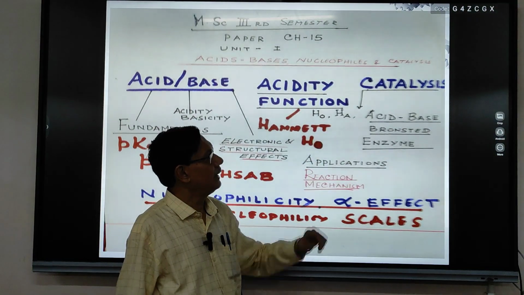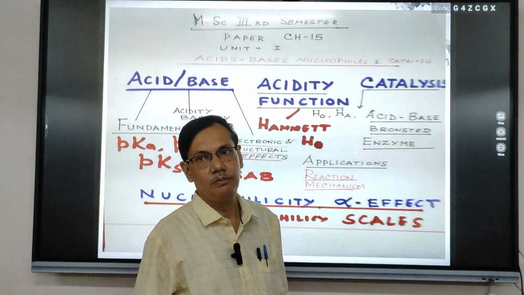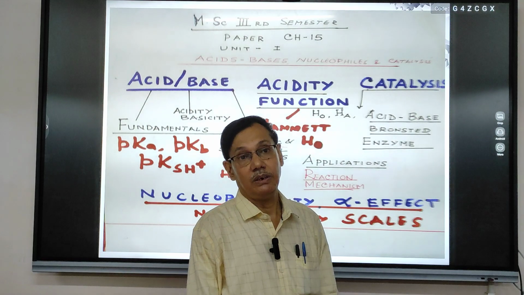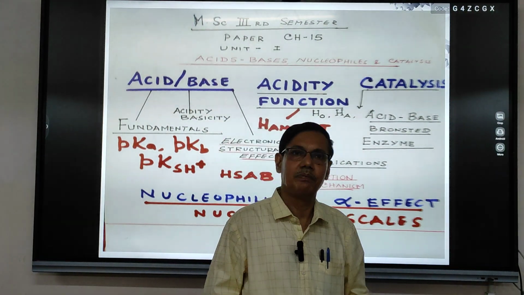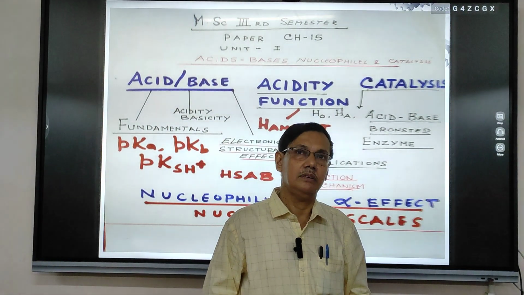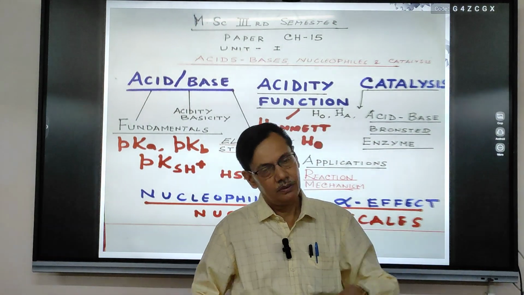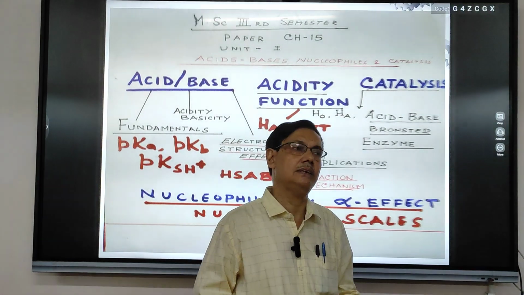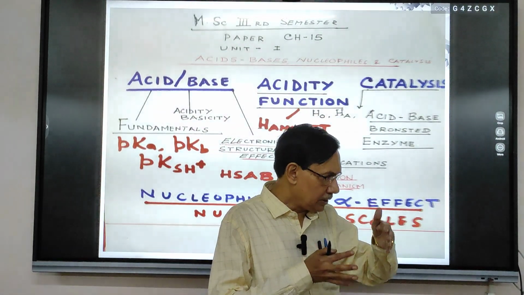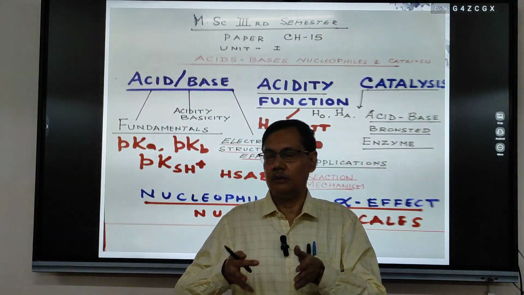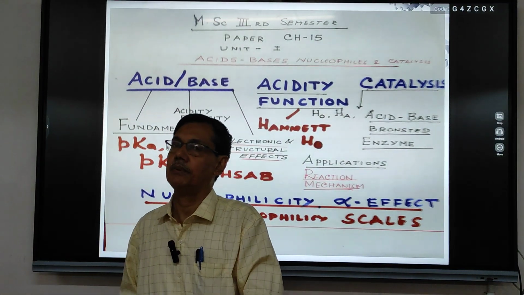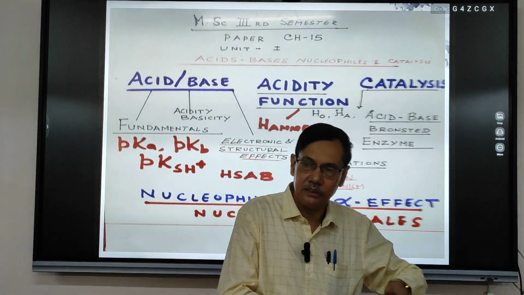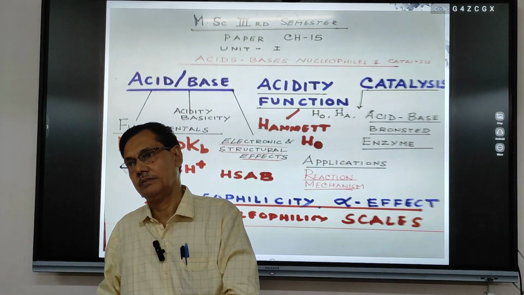And the third part, again it is a very old concept, because you all know the role of catalysis. But here in this course content, we will study the different types of acid-base catalysis. There are 2 types of acid-base catalysis. One is specific acid-base catalysis, another is general acid-base catalysis. And in general acid-base catalysis, there are general acid catalysis and general base catalysis.